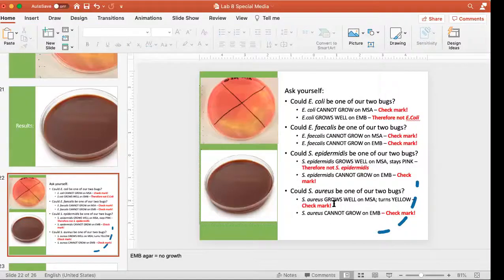We know Staph aureus was one of them, but there's another one of these bacteria in our unknown mixed culture. Is it E. coli? Is it faecalis? Or is it epidermidis? What do you think?